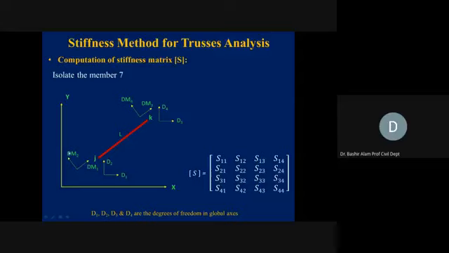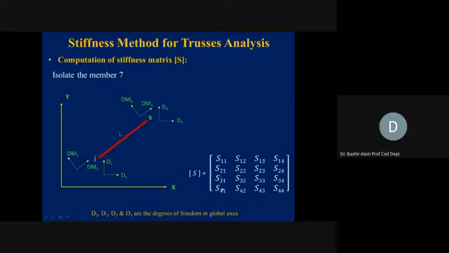Then along DM2, that will become our S21. Similarly, corresponding to DM3, the action produced will become S31, and here it will become S41. So you can see all these 4 elements here. This way we complete the first column of the stiffness coefficient matrix.